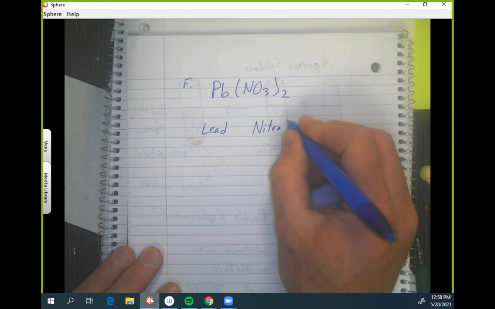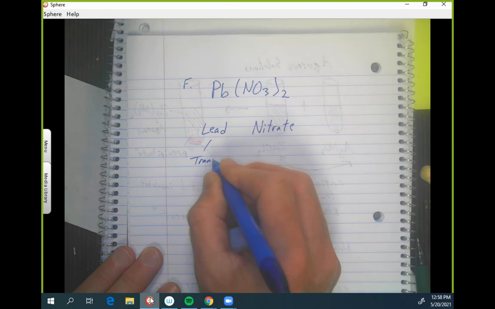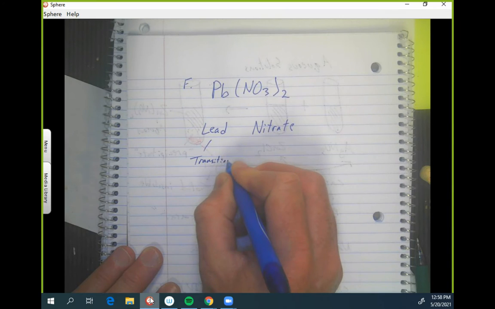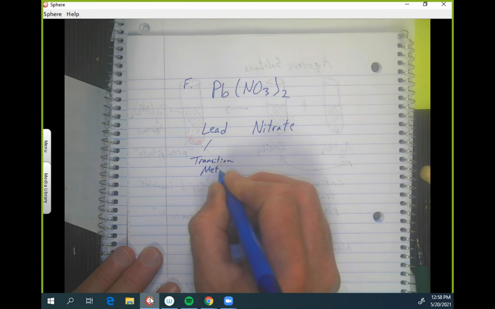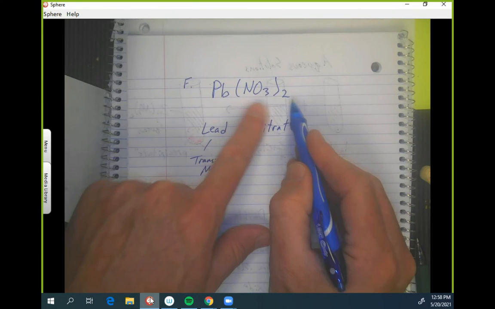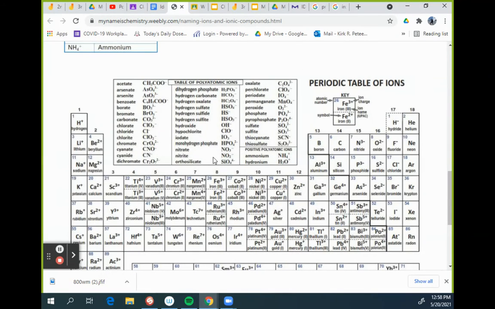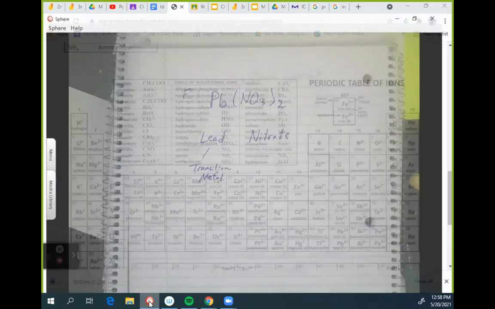But because lead is a transition metal, it means it could have more than one charge. Well, the nitrate I know, there's 2 of them. So I can pick off my nitrate charge right away by looking on here. Since there's two of them, each one has a negative. Okay, cool. I know that.